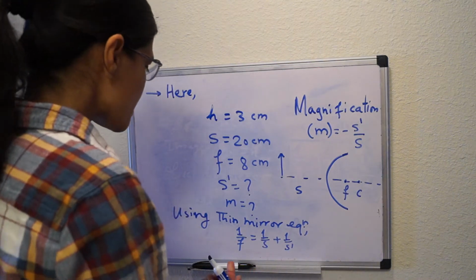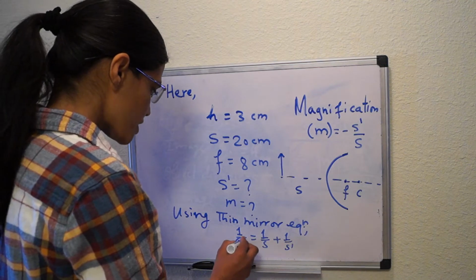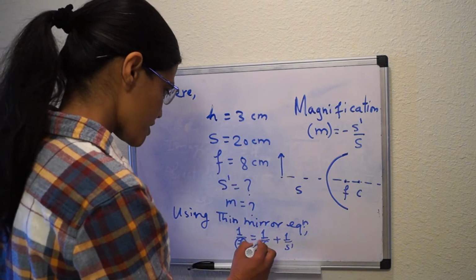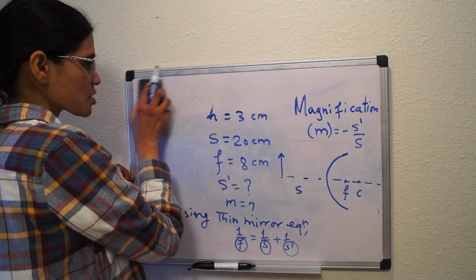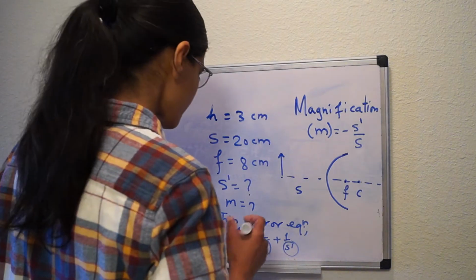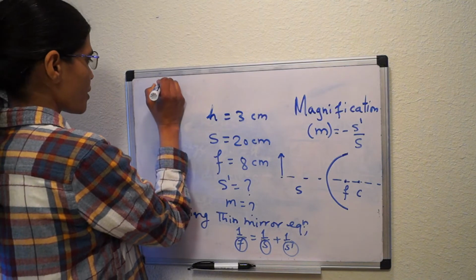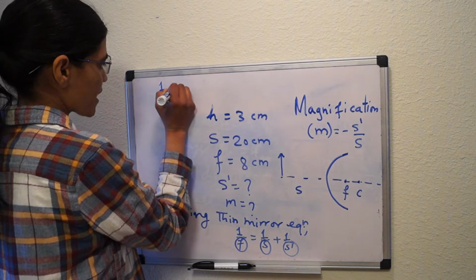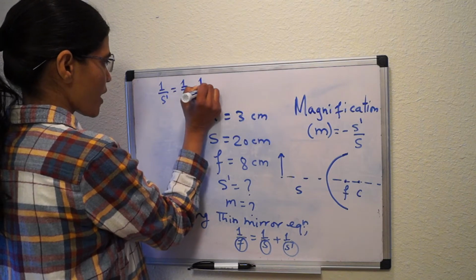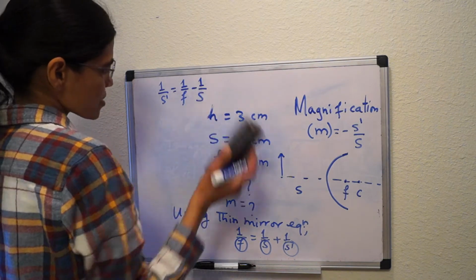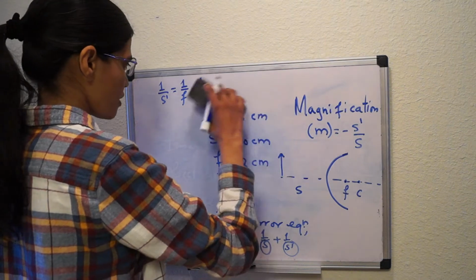We are given pretty much everything here, right? We are given F, we are given the object distance. So we should be able to find this one unknown quantity. So let's do it here. 1 over S dash, I'm just rewriting that equation, equals 1 over F minus 1 over S, right? So now I'll just plug in all the information.